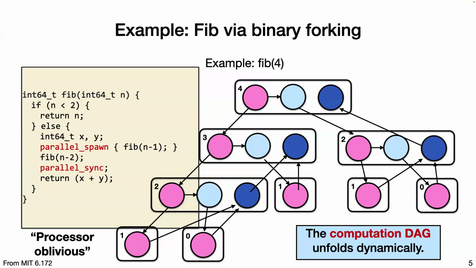Parallel sync waits for all the outstanding child threads to complete, and it says that no threads can continue past this point until all of the threads have reached this point, and then it waits for all the children to complete, and only the parent can go on.